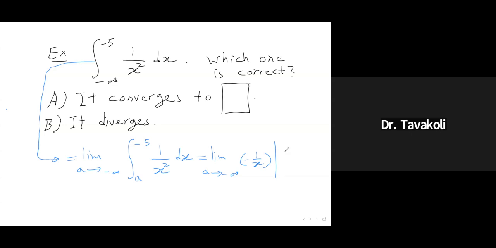You need to evaluate that at the limits of the integral and do the subtraction. So this equals the limit as a tends to minus infinity of the evaluation at minus 5, which is minus 1 over minus 5, minus the evaluation at a, minus 1 over a.